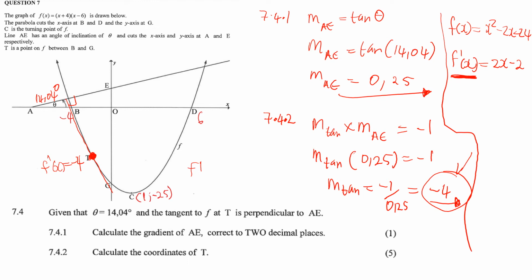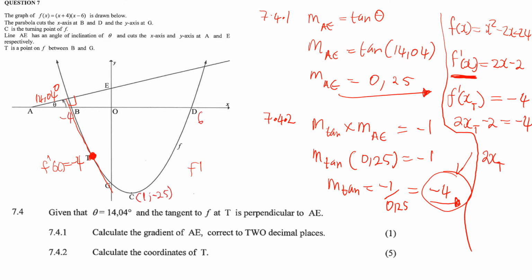But we know that f prime of x at t is the gradient at t, because first derivative is the same as gradient, which is -4. So we can say 2x at t minus 2 is equal to -4.